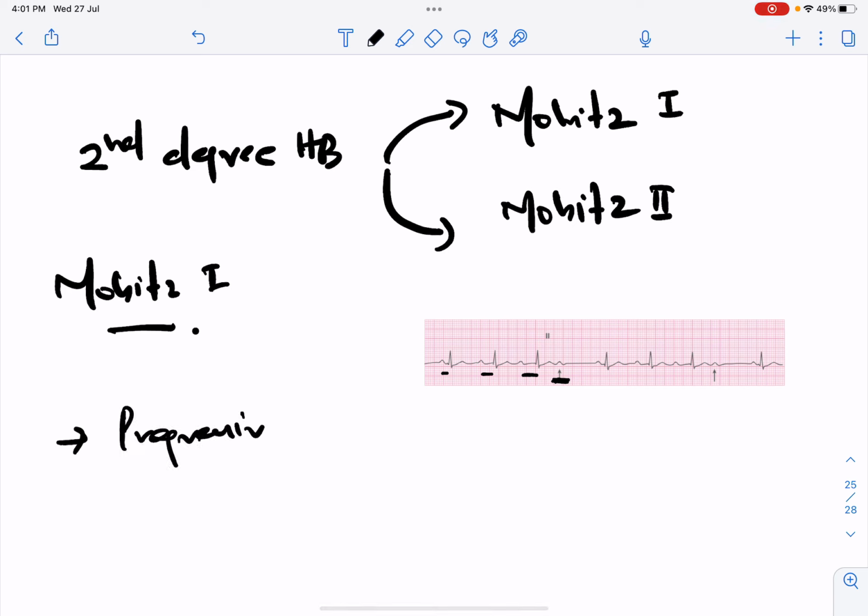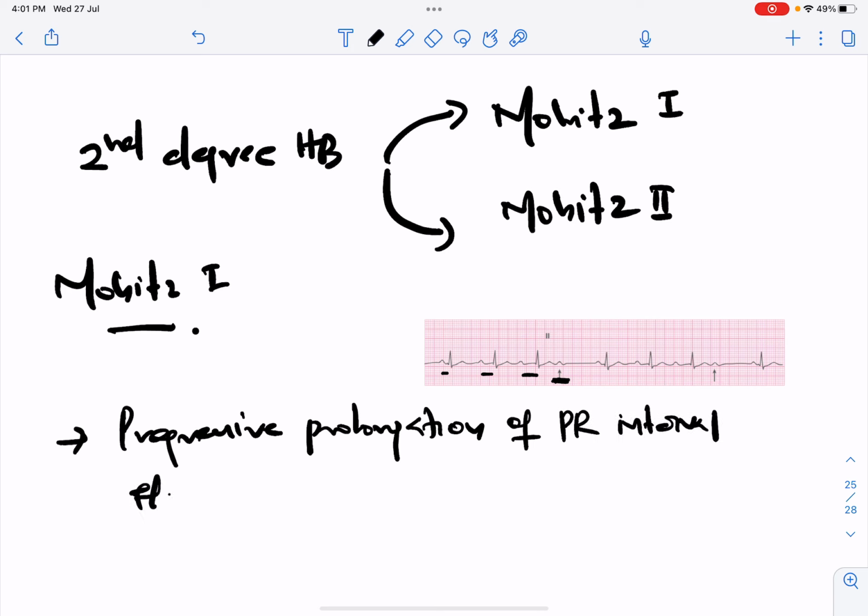Progressive prolongation of PR interval followed by a non-conducted P wave.